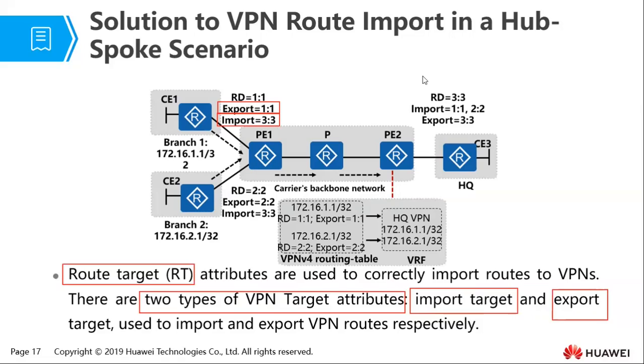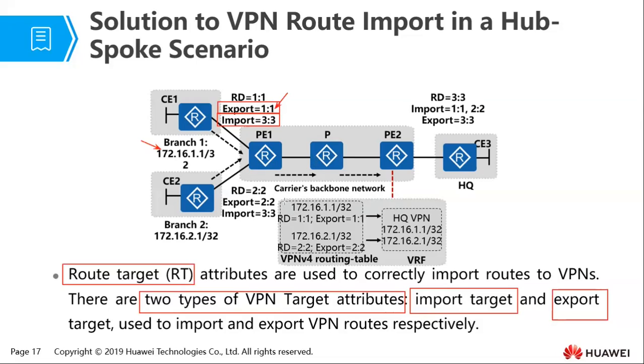Now, what does that mean? That means that when we are advertising this particular network, we need to specify the export tag as 1:1.